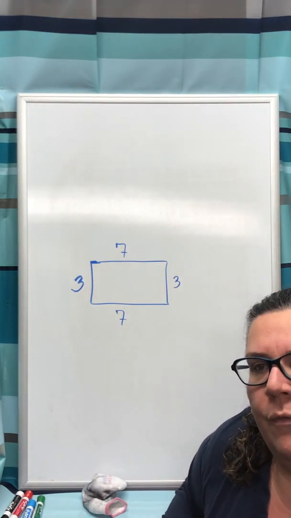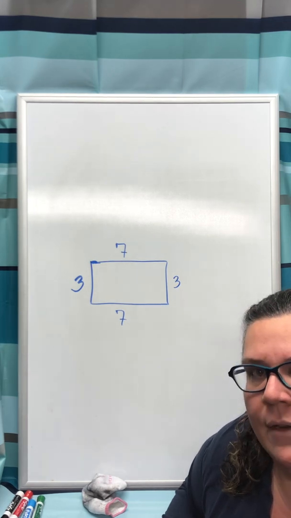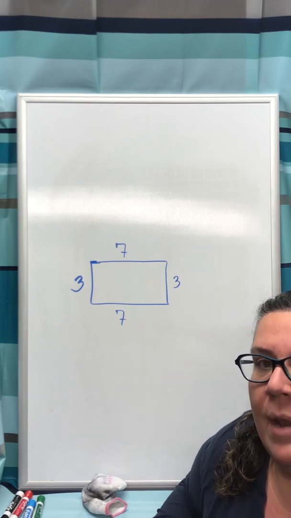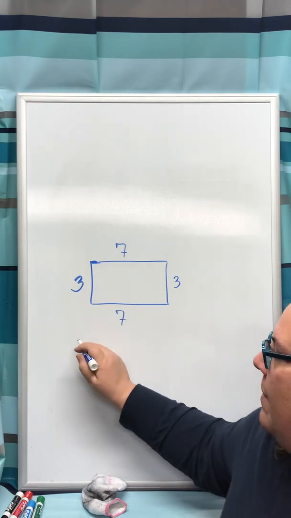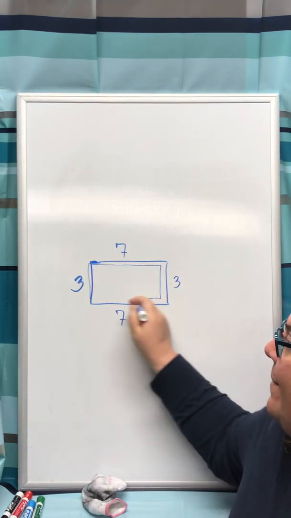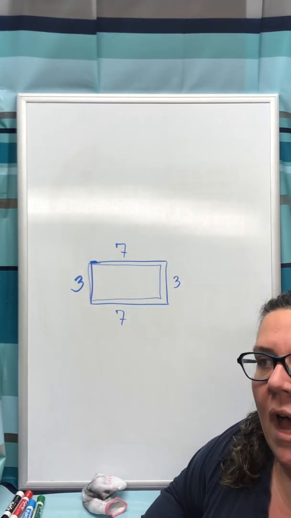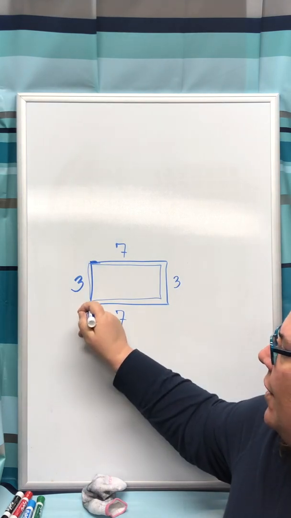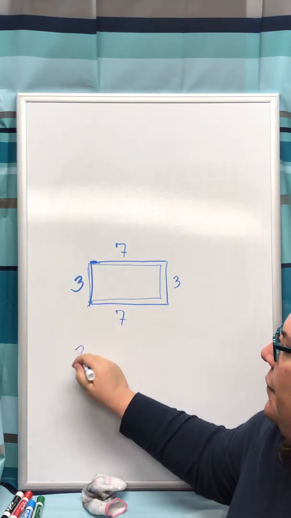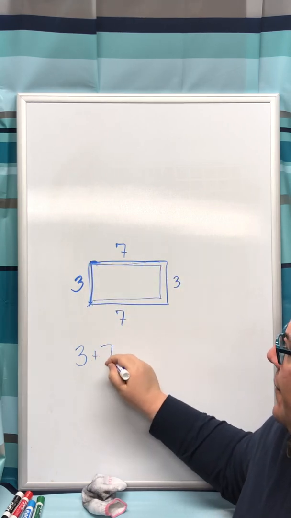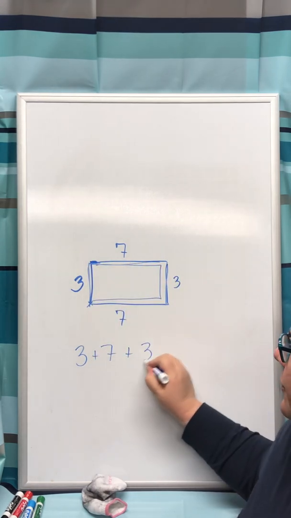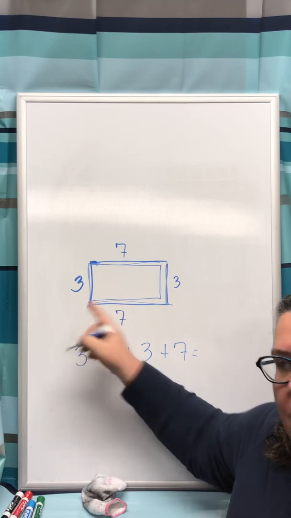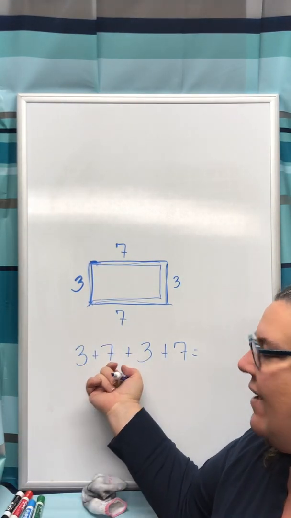Now, even though we're not focusing on perimeter in this lesson, one of the things that goes with area is perimeter. So when I am looking at perimeter on whole numbers, remember I'm just going around the rim of the shape. So in order to find the perimeter of this particular rectangle, I would start at one of the corners and go 3 plus 7 plus 3 plus 7 until I get back at the place that I started. 3 plus 7 is 10.